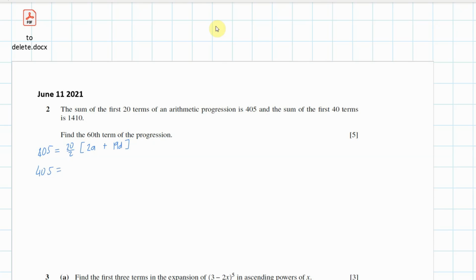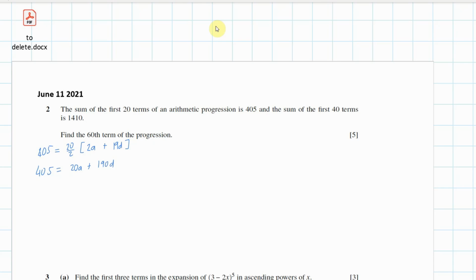So it looks like we're going to have some sort of simultaneous equation. So we get 10, so 20a plus 190d. Now, I guess we can simplify this.